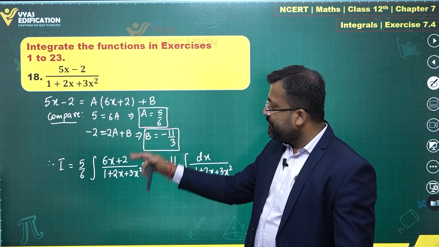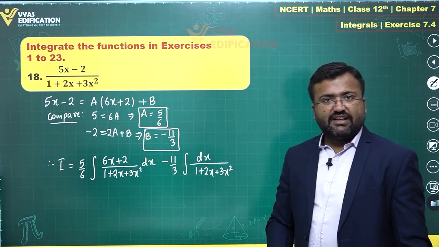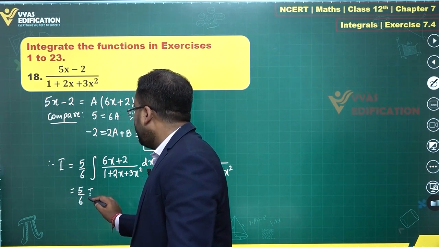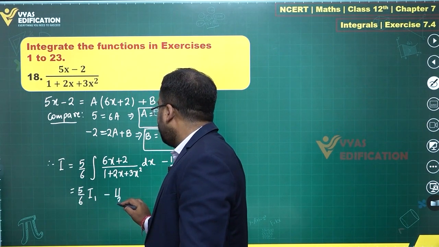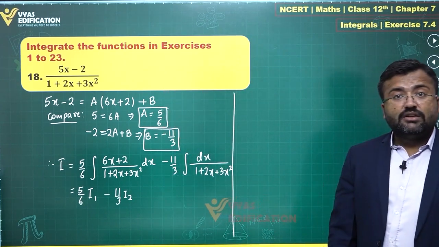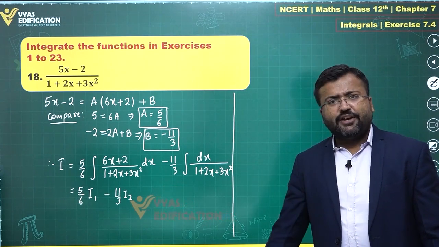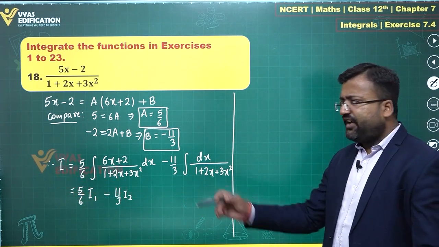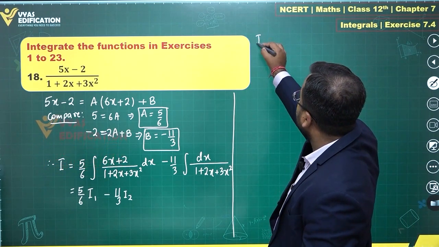We have written that complete integral as a sum of two integrals in this manner. So this is 5 by 6 I1 minus 11 by 3 I2. Our target is to find I1 and I2 separately. Once we find I1 and I2, we can complete that expression by writing their values. So I1 is pretty simple.